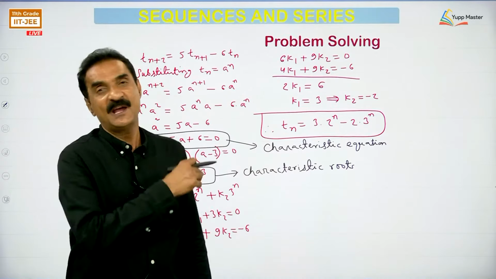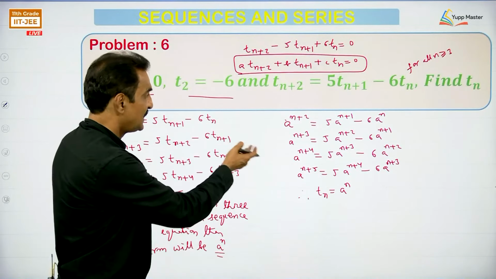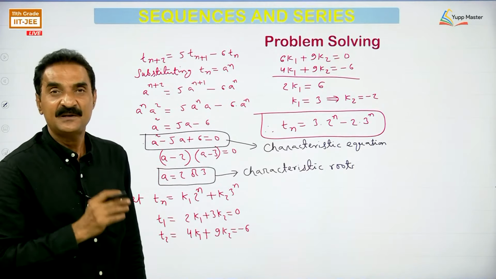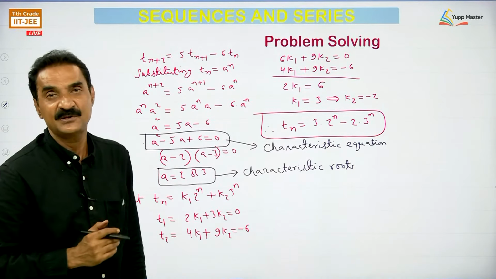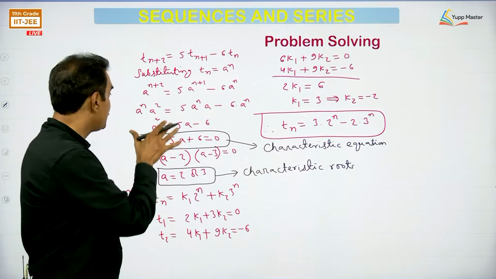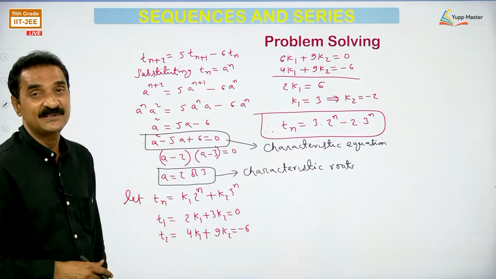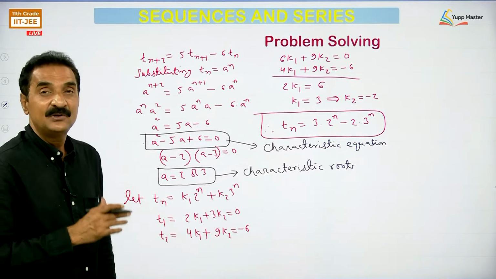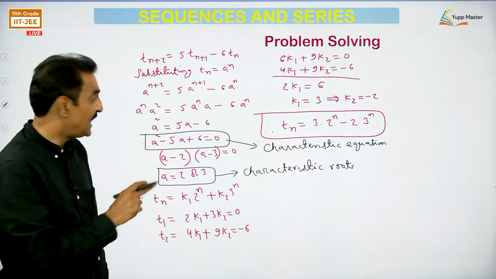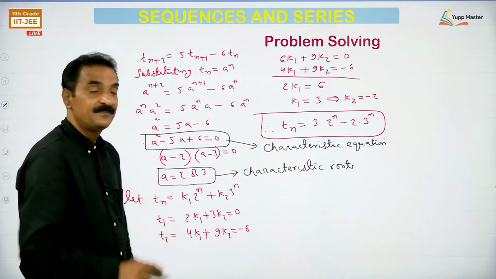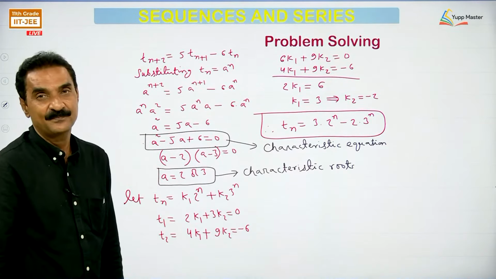Then substituting a power n in the linear equation for four consecutive terms, you are going to get a cubic equation as the characteristic equation.